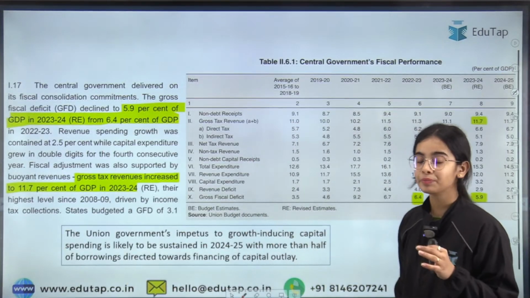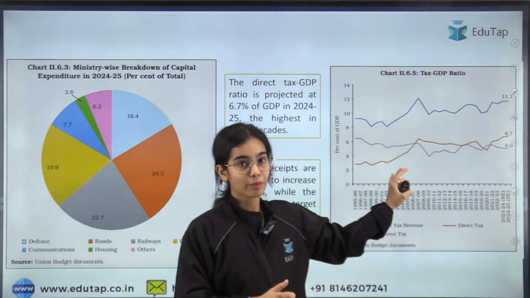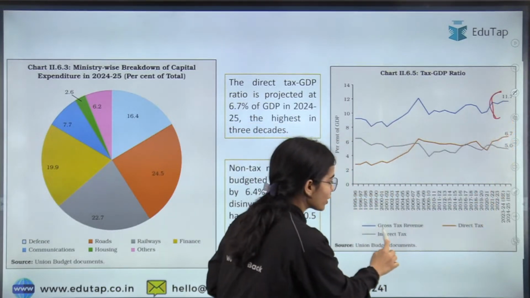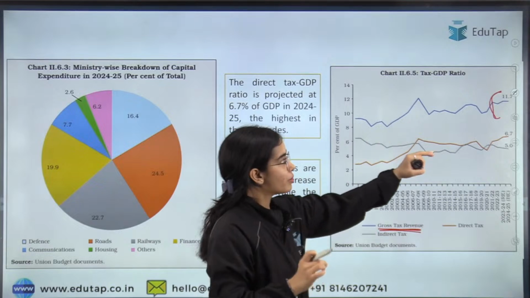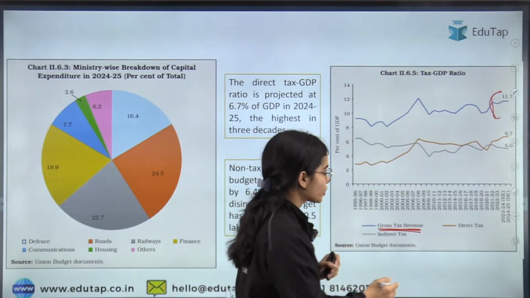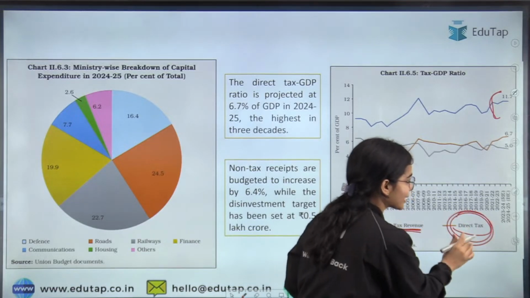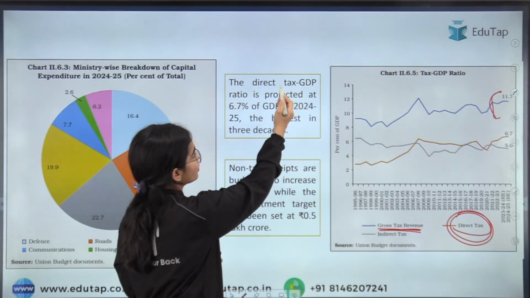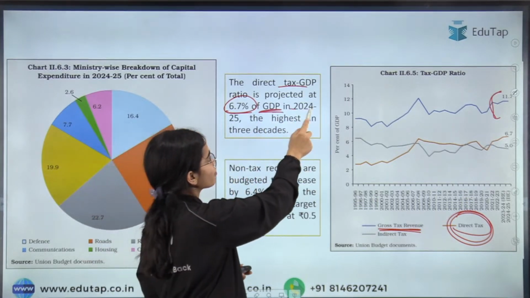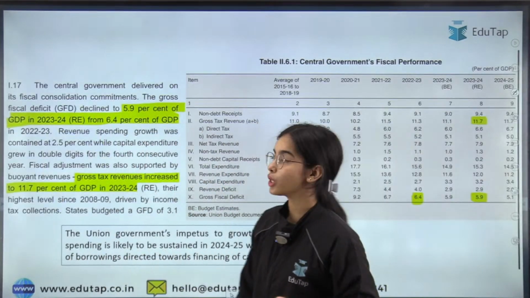So here you can see this diagram, you can remember that in total, the gross tax revenue has grown to 11.7% of the GDP, as compared to the direct tax revenue, which will become 6.7% of the GDP in 2024-25.